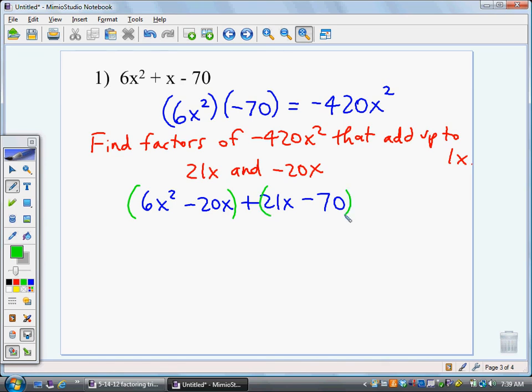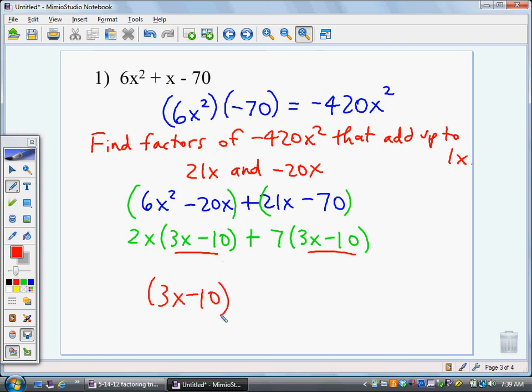Okay, in the first one, it's going to be 2x times 3x minus 10. The second one is going to be 7 times 3x minus 10. Okay, here's my common binomial factor.